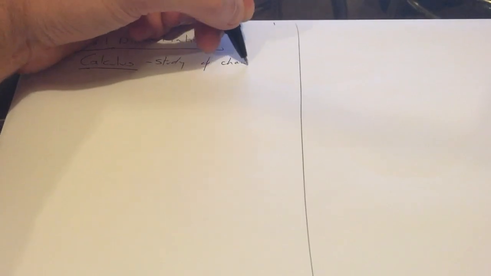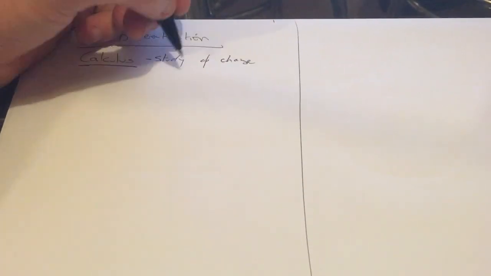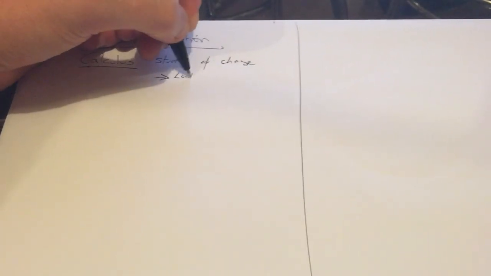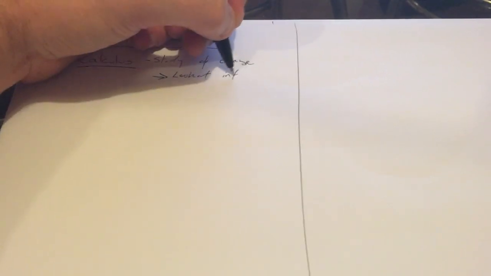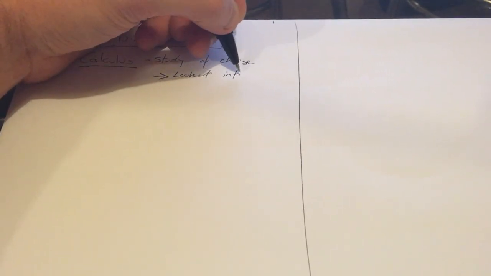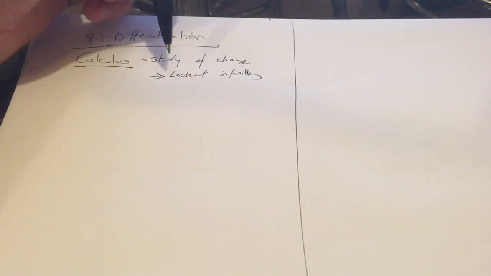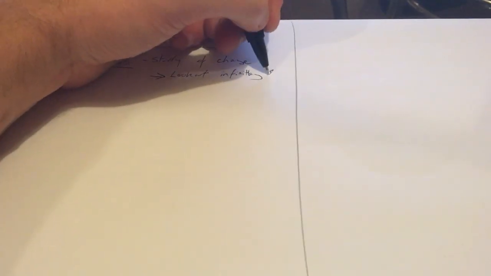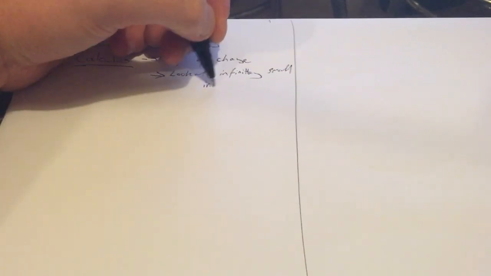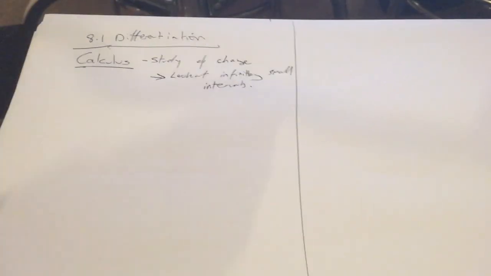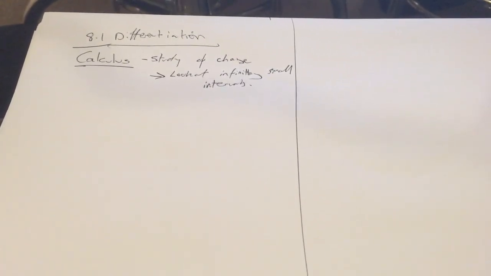And probably if you ever go to study engineering, maths or physics, you'll definitely be doing some calculus later on in life as well. So what calculus is, it's a study of change. More specifically, it's a study that looks at infinitesimal, so it looks at infinitely small intervals and how small changes in x will have changes in y.